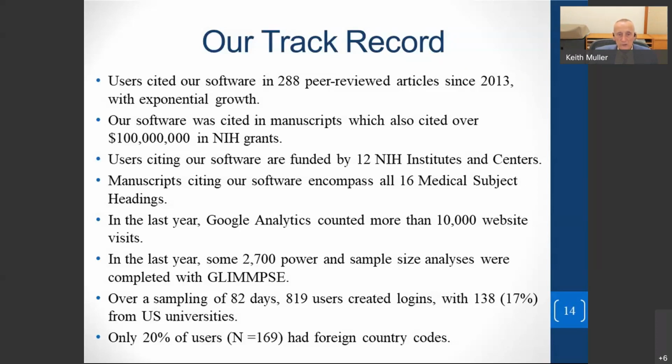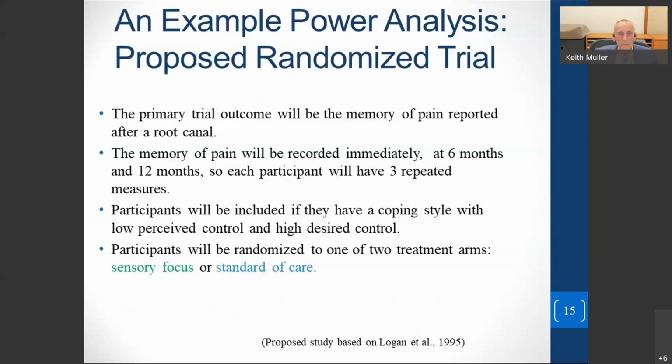A big piece of our usage is from US universities, roughly 17% from a brief sample we did. And only 20% of the users had foreign country codes, although that's a good thing. We're supporting people in Australia and Europe and many other places.